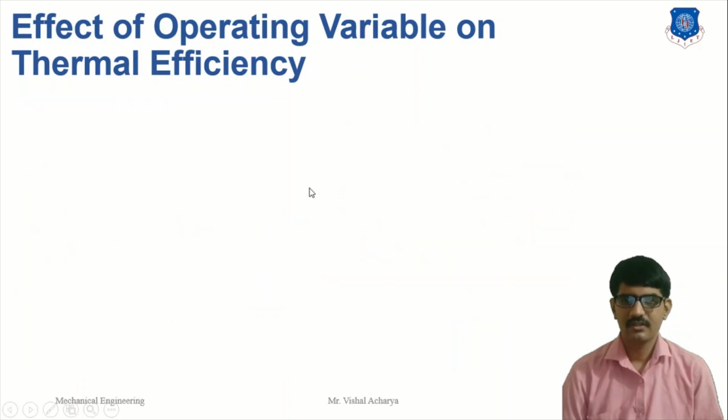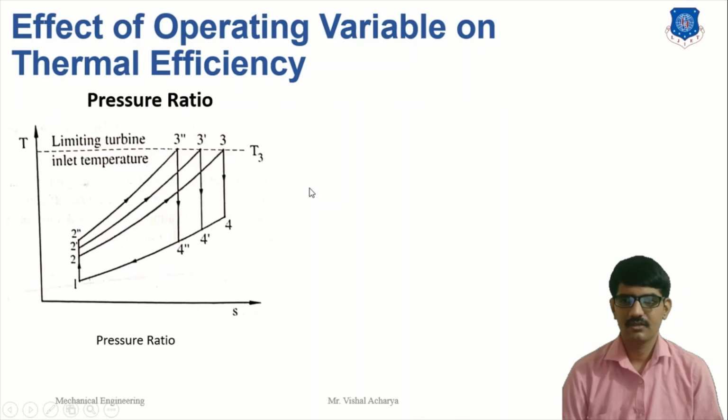Our third parameter is the pressure ratio. As shown in the figure, when the pressure ratio increases, the heat required is less, the heat rejection is less, and the work output also increases. But there is some limitation.